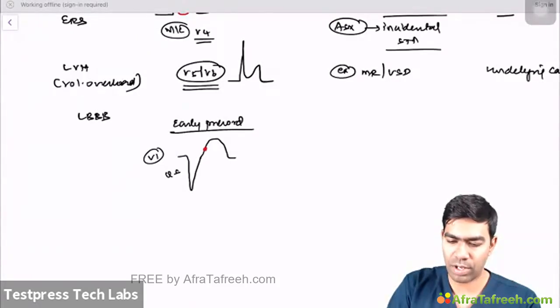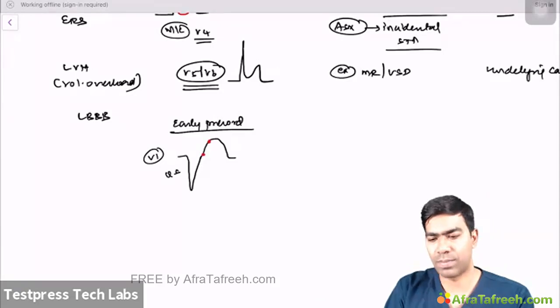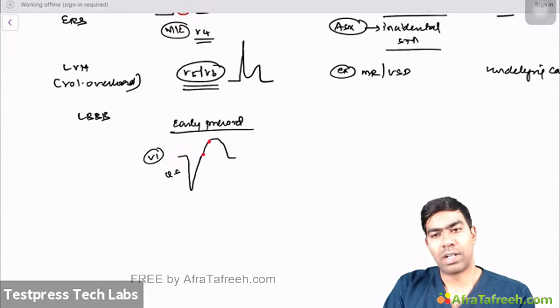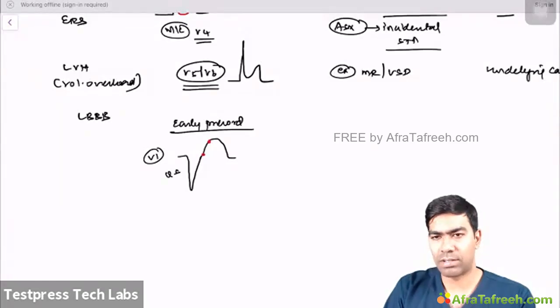If you take this as the J point, at 80 milliseconds from the J point there will be some elevation. So ST elevation is a very common feature in the setting of left bundle branch block. That is why the importance here is not this.